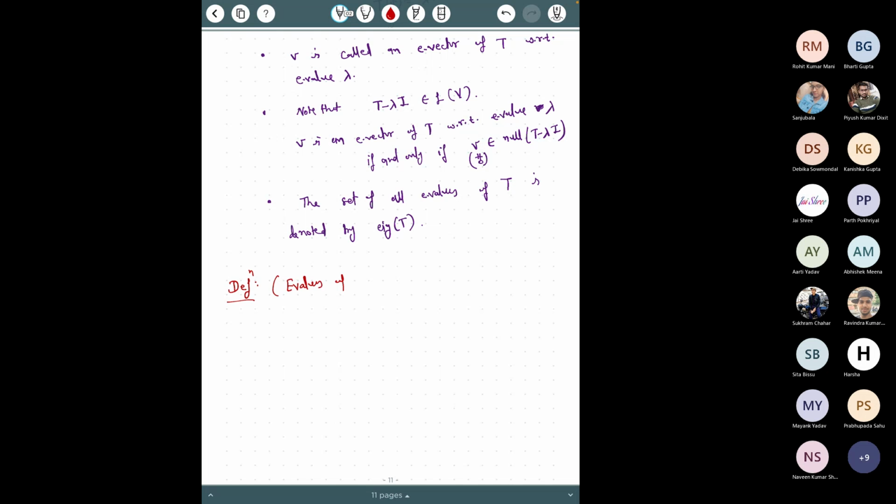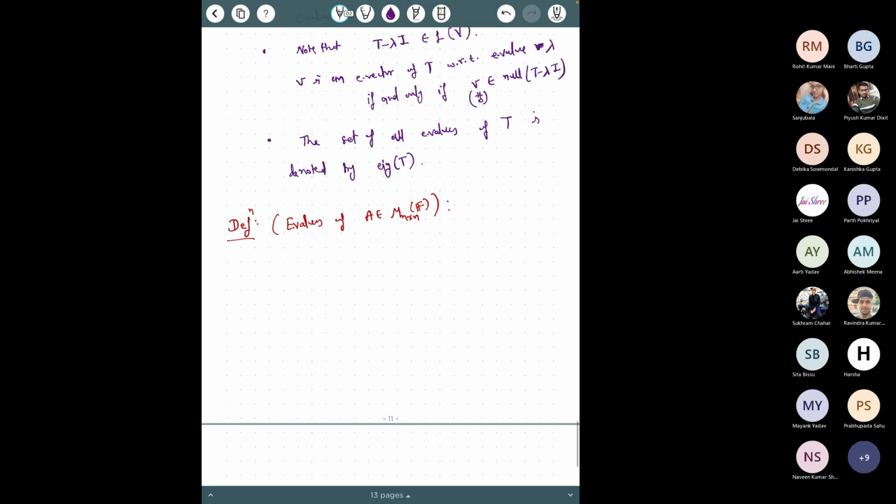Eigenvalues of a matrix. Let A be an n cross n matrix over the field F. Then a scalar lambda in F is called an eigenvalue of A if there exists a non-zero vector x in F^n such that Ax equals lambda x.